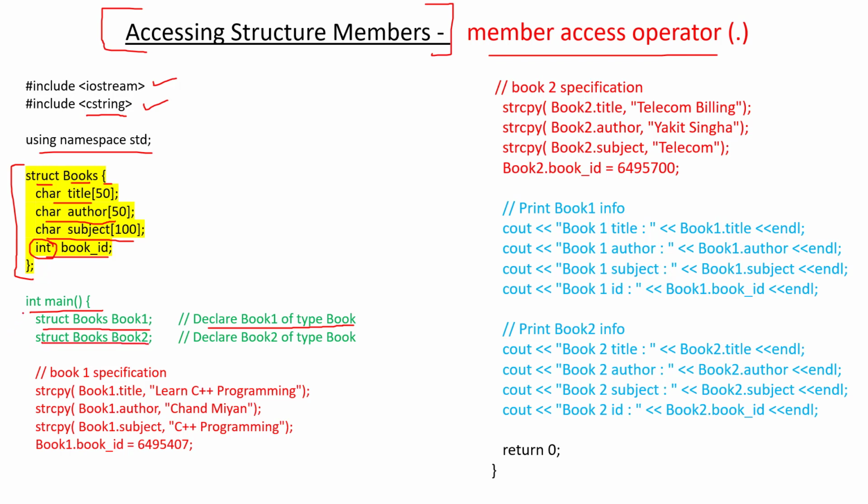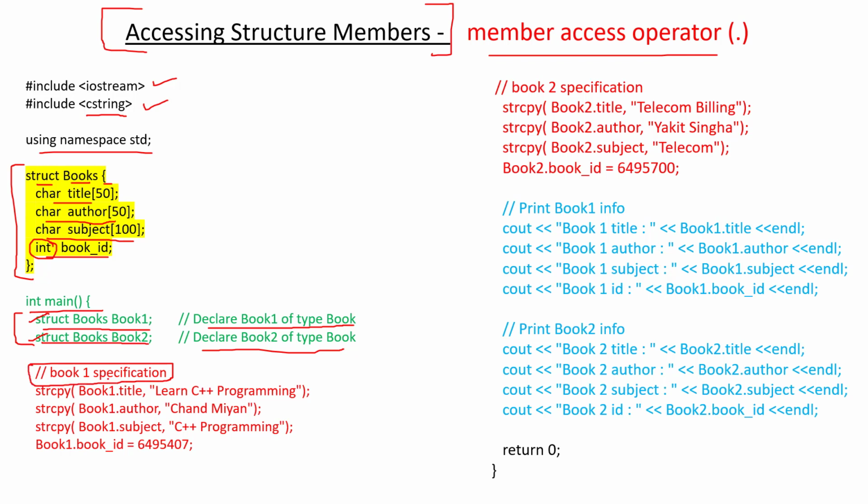So defining the new variables here: the first variable as book1 and the second variable as book2. So these are user defined structure variables. That's the main difference compared to the previous problems. So declare book2 of type books. This is not read by the compiler, only for the understanding of the user.